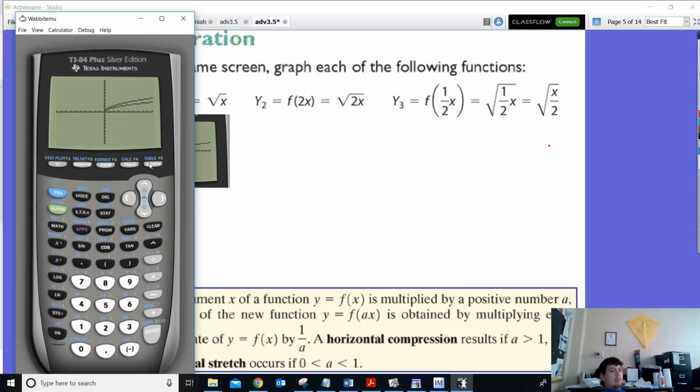Okay, let's see. Of course, the calculator robs you of the ability to see what's really going on until you actually do points. That actually did kind of decrease, I guess we'll call it its slope a little bit. There's a reason for that.